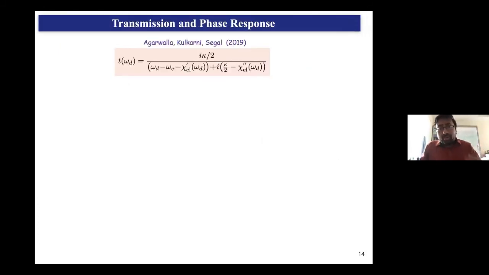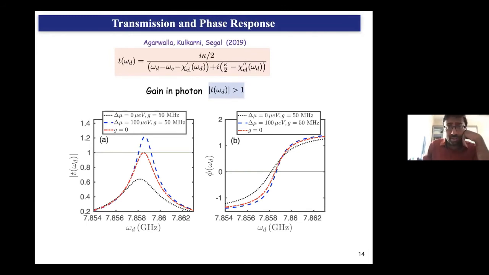Okay, so let me now show you what this transmission tells us. If I don't have light-matter coupling, which is g equal to 0, my transmission is perfectly unity at the cavity frequency. Whereas if I now turn on the light-matter coupling, but let's say my electronic baths are at zero bias, I see the transmission drops and gets broadened.